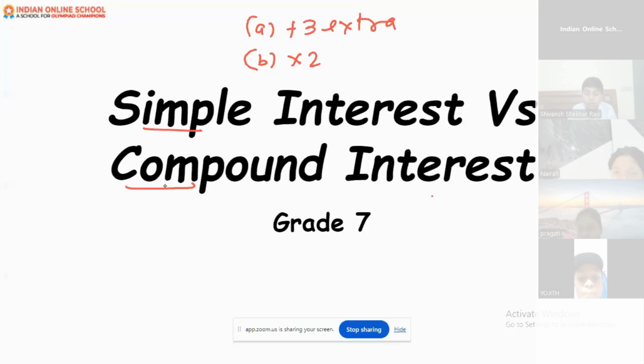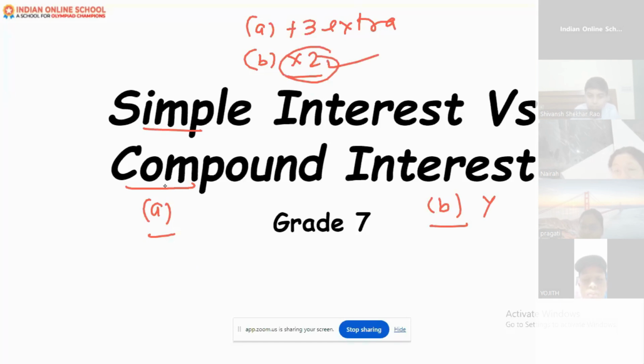Option B, ma'am. Okay, let's suppose Yojit has gone with Option B, and Naira has gone with Option A. No, ma'am, I've gone with Option B only. Why so? Because you'll get extra chocolates because it's multiplied by 2. Yes, correct. Very nice, it is a wiser choice.